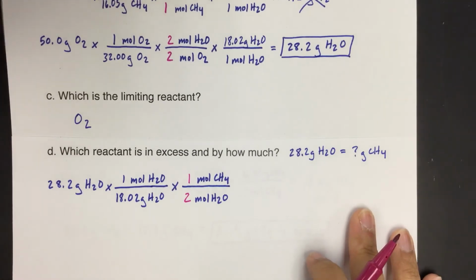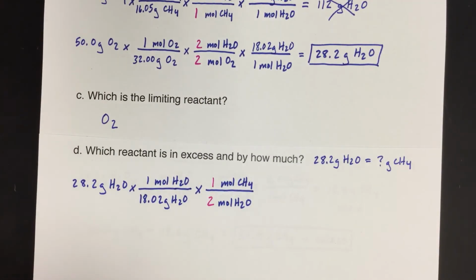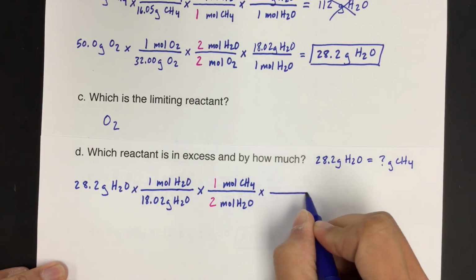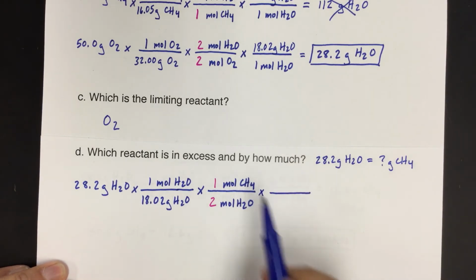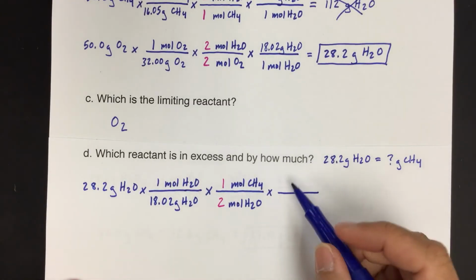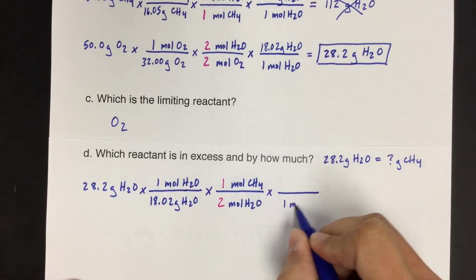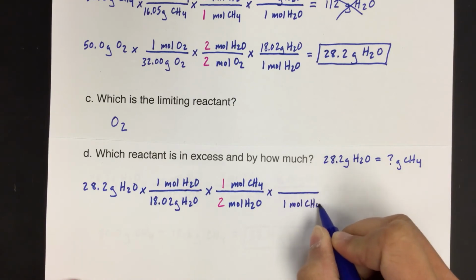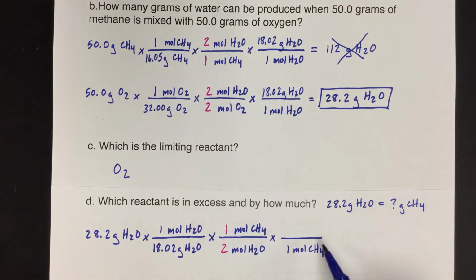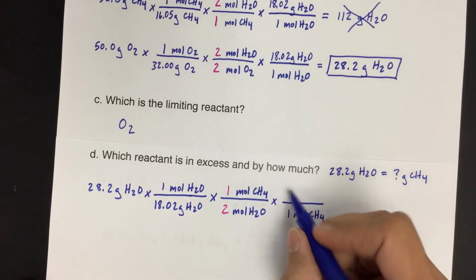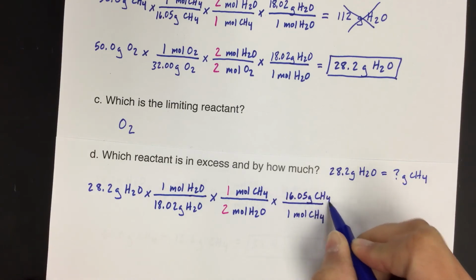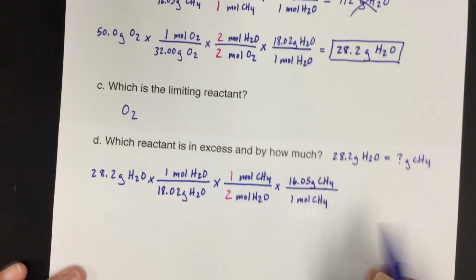All right, so there is the mole ratio, and we'll continue with one more conversion factor, because we now need to convert moles of methane into grams of methane. The nice thing about the last mass-to-mass calculation you're doing is that when you need the molar mass here, you've already done all the work. If you check up earlier, you've already calculated the molar mass of methane, 16.05.